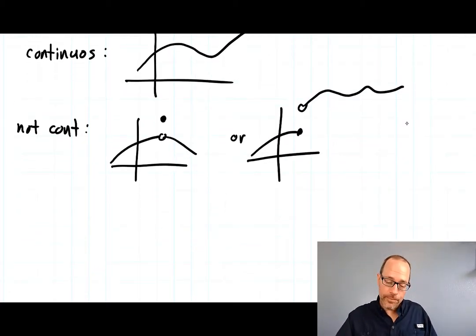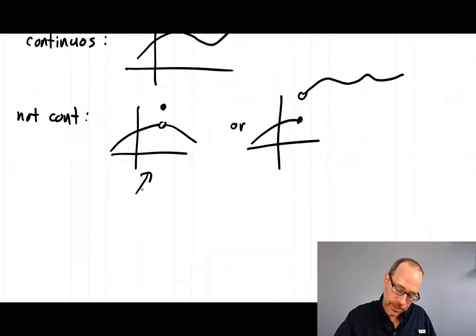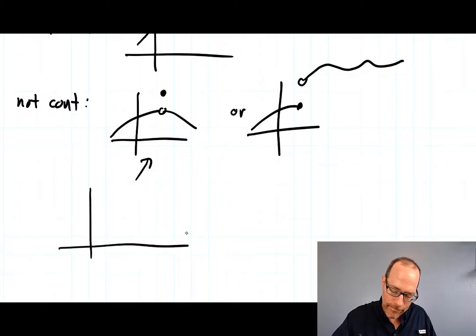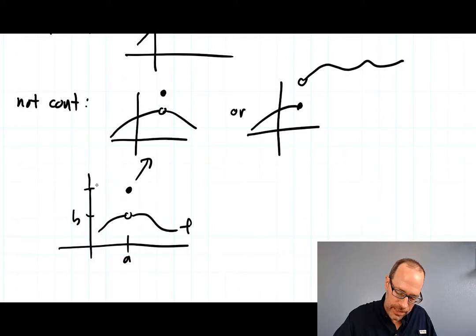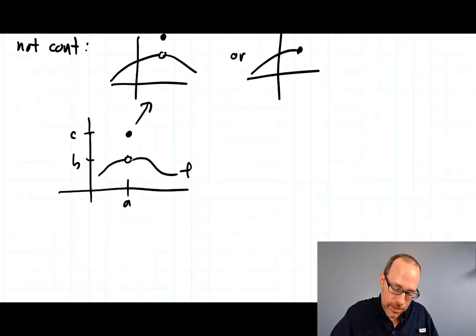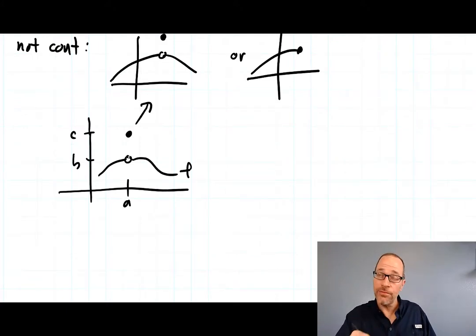Now, you can recognize this type and this other one as well of discontinuity because what happens here, if this is the point A and this is the point B, here's your function f, and this is the point C, you can determine that there's a hole in the graph using limits.